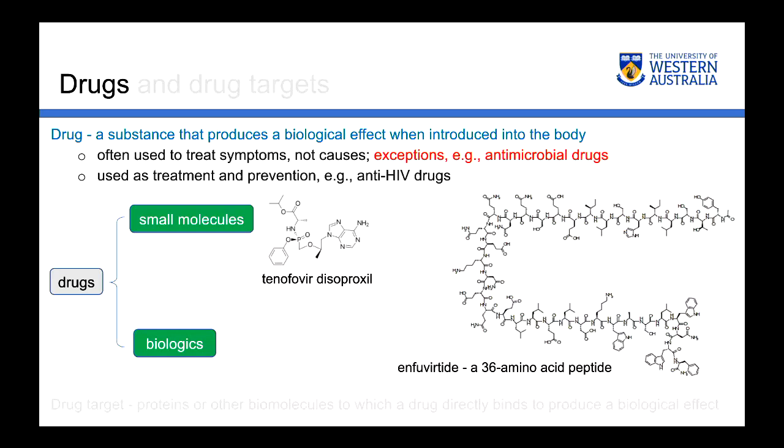On the other hand, enfuvirtide is a peptide consisting of 36 amino acids. Again, this is also used as an anti-HIV drug, but because it's so large, it cannot be administered orally. It must be administered intravenously. So I will touch on how different drugs are administered by different routes. We are not going to look at drug targets in this lecture, but we'll touch on that in my second lecture.